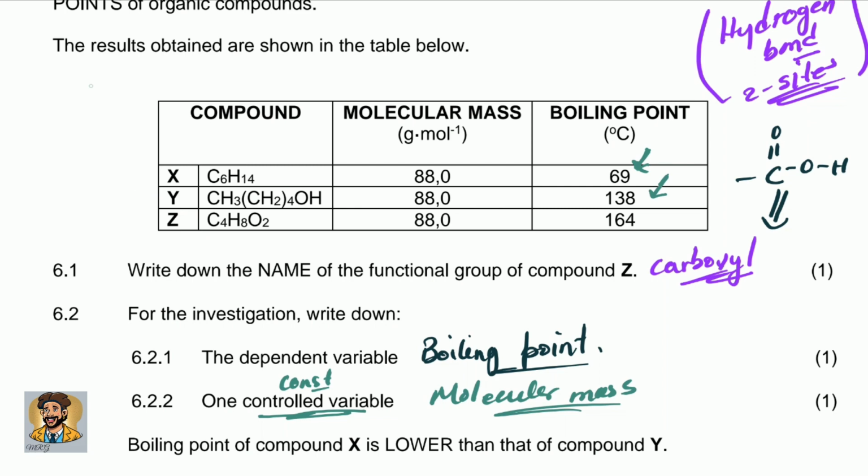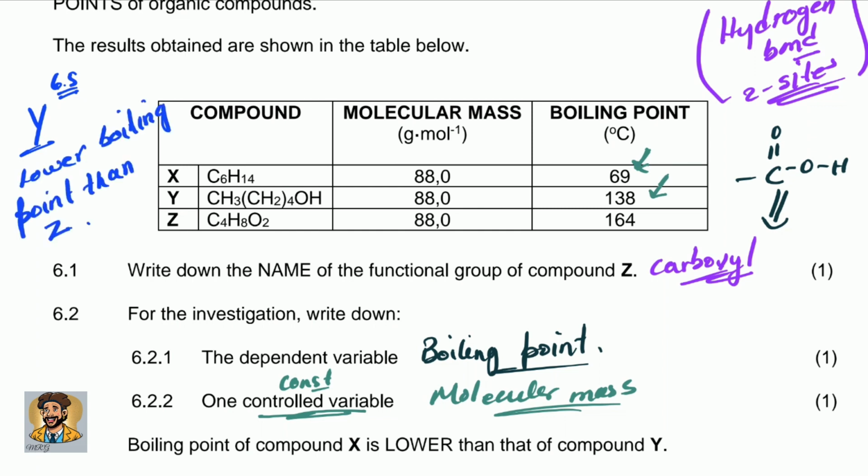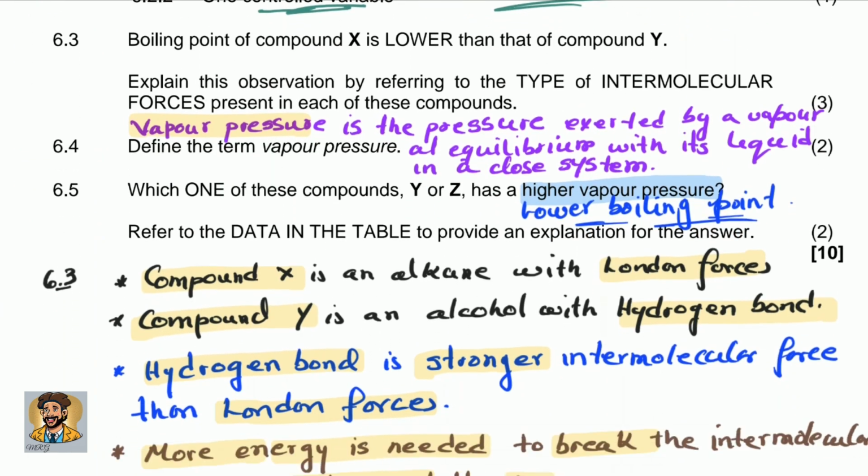So for question 6.5, the answer is Y. All right, the answer is it has a lower boiling point than Z.